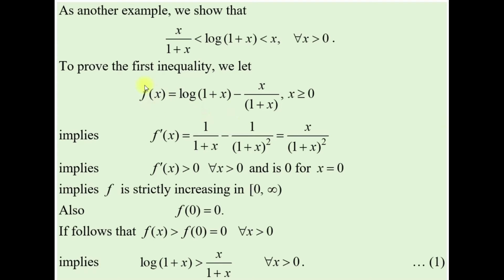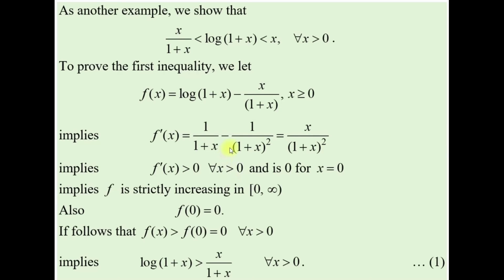Now we differentiate f of x so that f prime of x is equal to 1 by 1 plus x, because the derivative of log of 1 plus x is 1 by 1 plus x. Now the derivative of x by 1 plus x is obtained using the quotient rule of differentiation, which gives 1 plus x times derivative of x minus x into derivative of 1 plus x, all divided by 1 plus x whole square.